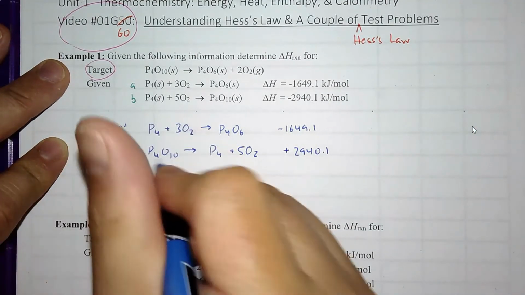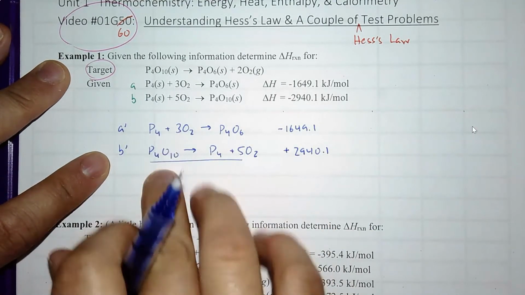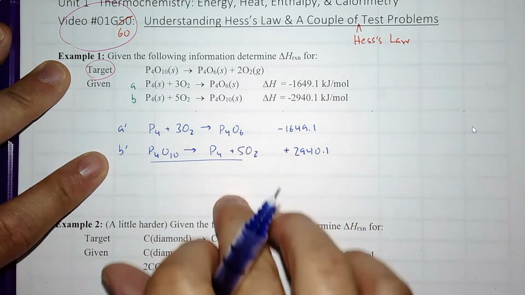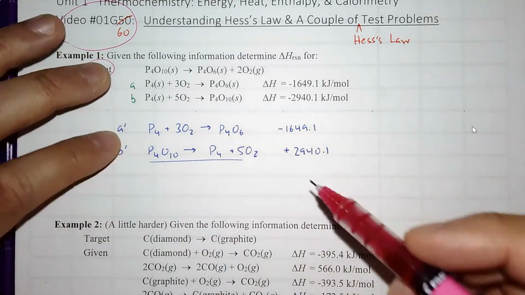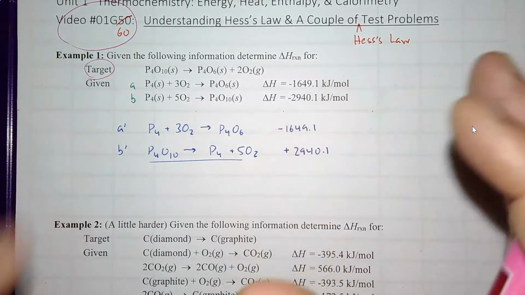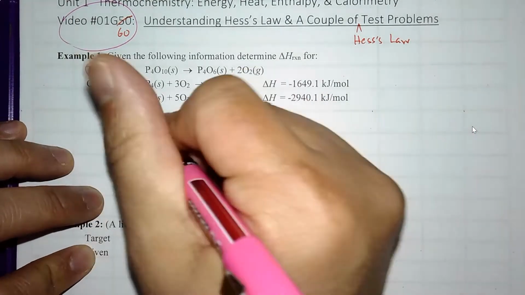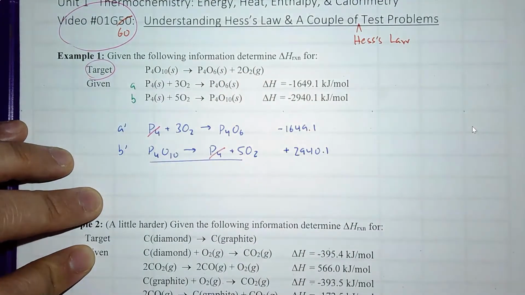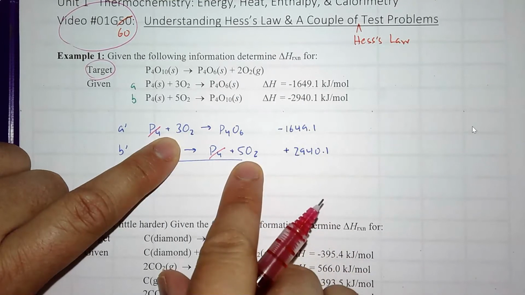Now, in the previous video, I literally added everything on the left and added everything to the right, and then I canceled. Well, we could take a little bit of a shortcut and just cancel here, which is what I usually do if it's pretty obvious. P4 cancels, and then we have 3O2 on the left and 5O2 on the right.